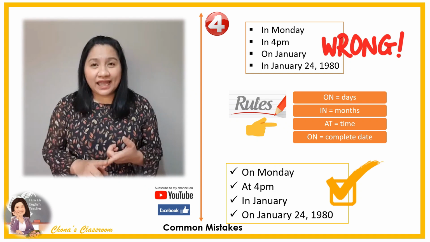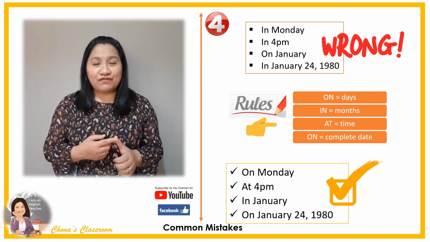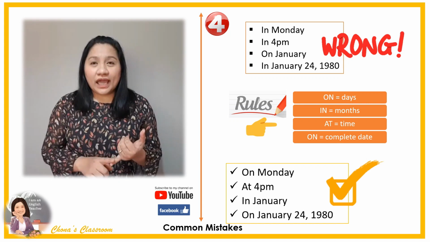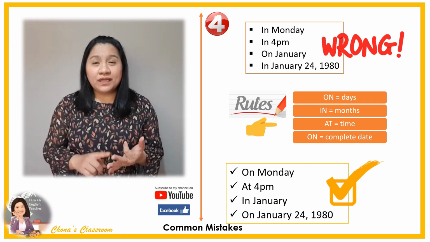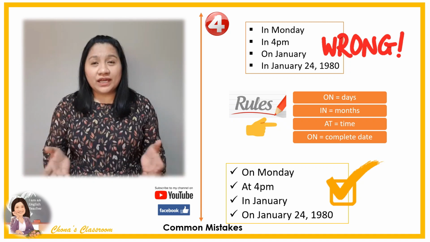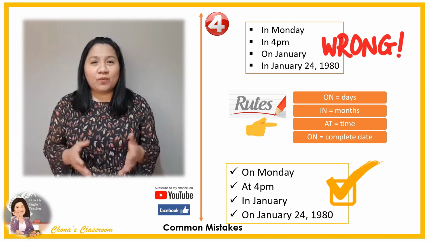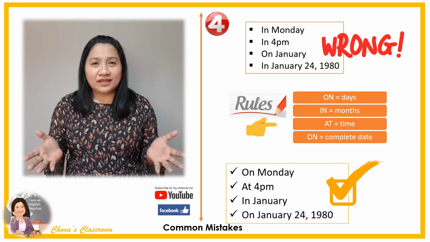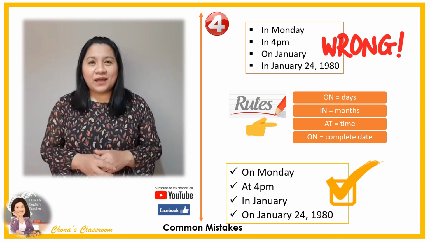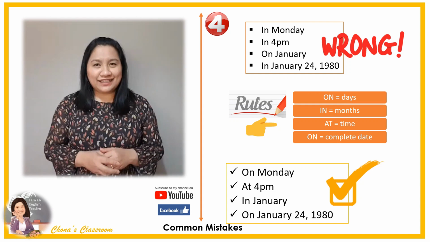For a complete date, it's on. And for time, it's at. For example, on Monday at 4 p.m., in January, on January 24, 1980. When somebody asks you, when is your birthday? Your response would be, my birthday is on January 24, 1980.